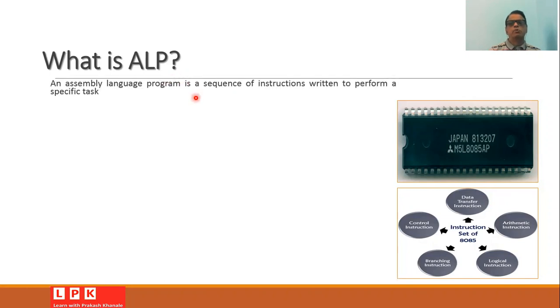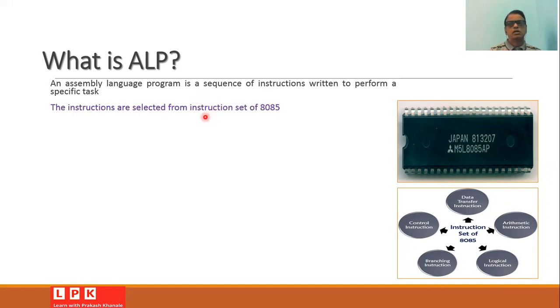An assembly language program is a sequence of instructions, and this sequence of instructions is written to perform a specific task. Whenever we want to achieve a certain task by a microprocessor based system, it is necessary to write a program, and this assembly language program is called a set of instructions or a sequence of instructions.